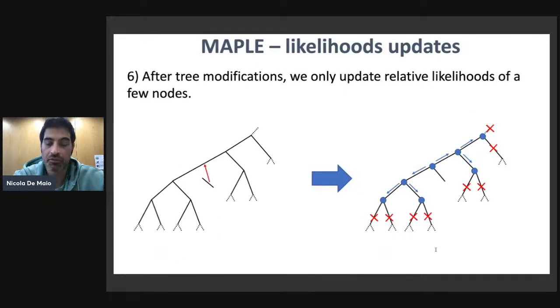And what happens after I find a nice spot for my sample or my subtree? Now I have to attach it to the tree, and as Eric was asking before, we need to update the likelihoods. Here's the other convenience of having relative likelihoods: total likelihoods can be affected by events far away, but relative likelihoods are not. You can think of them as basically posterior probabilities of the nucleotides. So if somewhere far away in the tree a new mutation is added, that's not going to affect the posterior probabilities of the nucleotides in some other region of the tree.